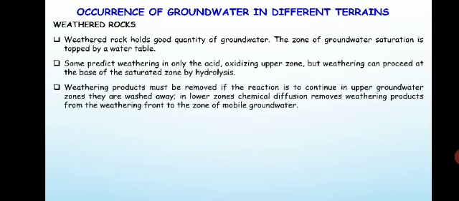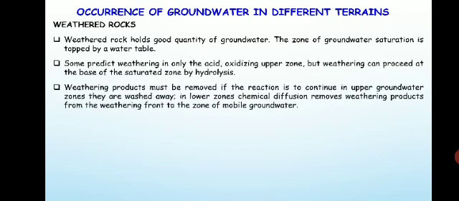Then these weathering products must be removed if the reaction is to continue in the upper groundwater zone. The weathering products, that is the broken rock materials formed because of weathering, have to be removed.